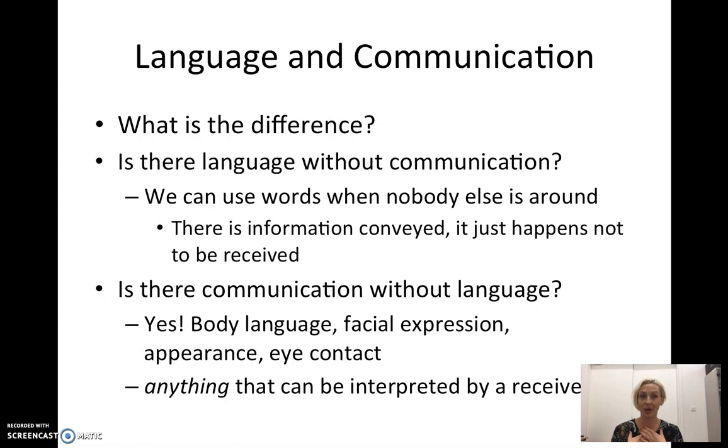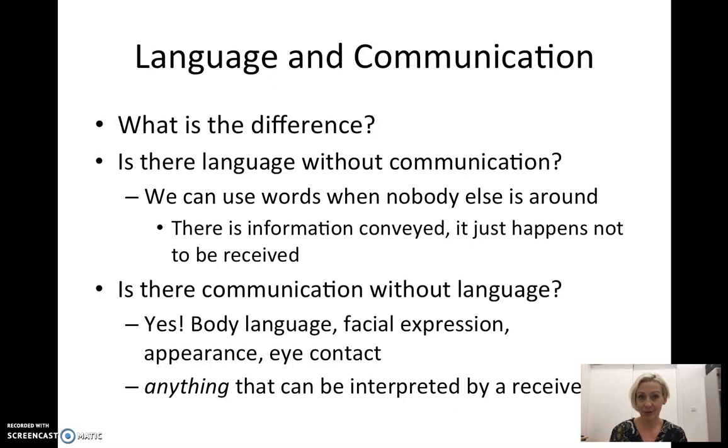So my message, my meaning would be, I am rich. Look at me. I am important. And the symbol would be the number plate. And the receiver would be anybody who knows that this is a symbol here. And they will be able to read that.